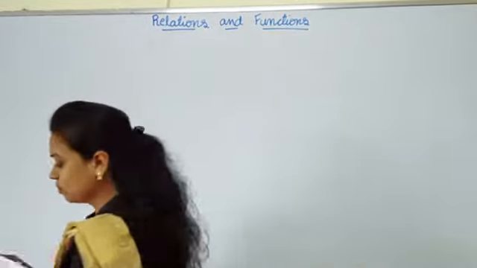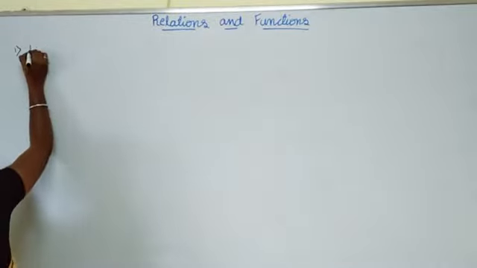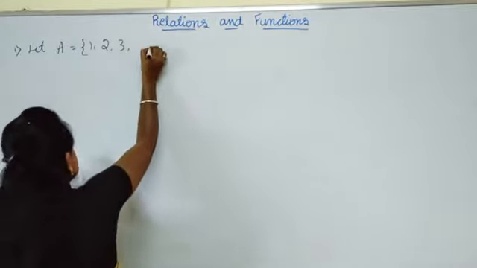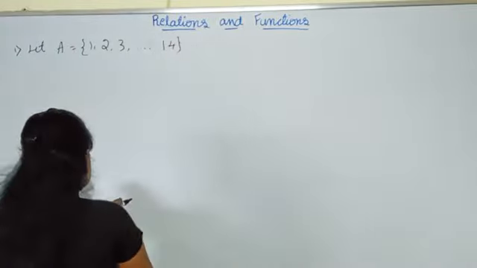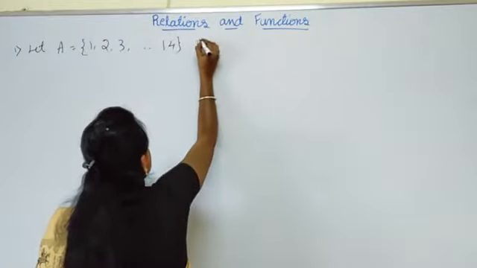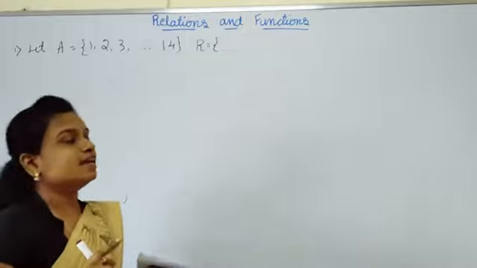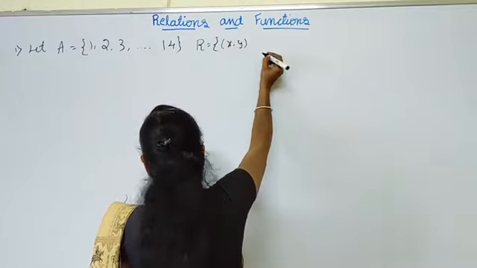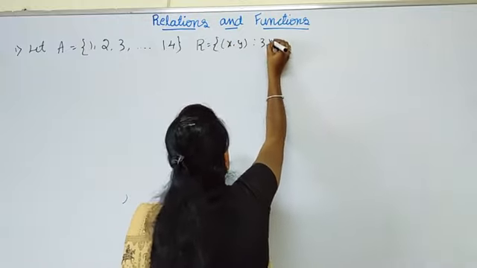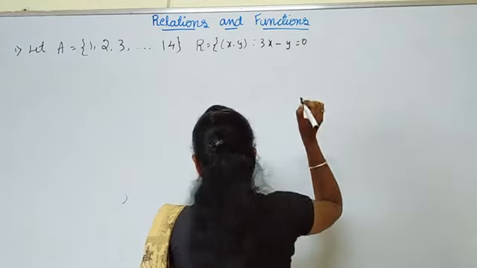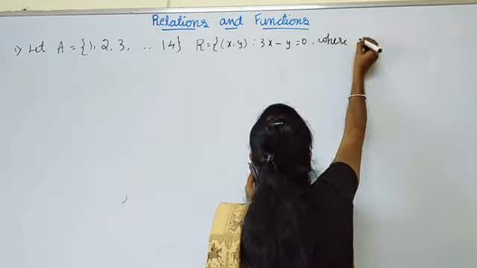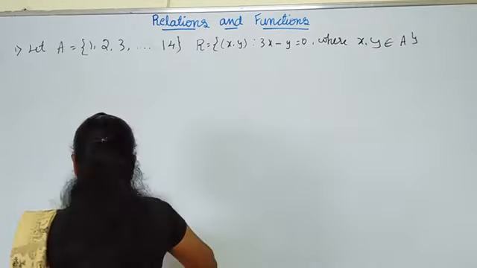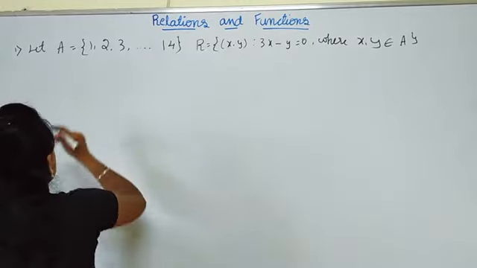Okay. And the first problem is: let A be equal to {1, 2, 3, ..., 14} and define a relation from A to A by R = {(x, y) such that 3x − y = 0}, where (x, y) belongs to A. Write its domain, range and codomain.